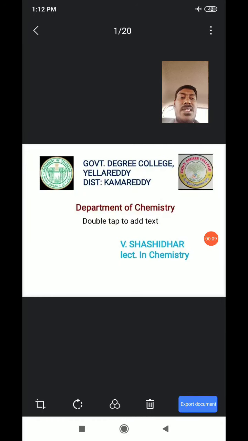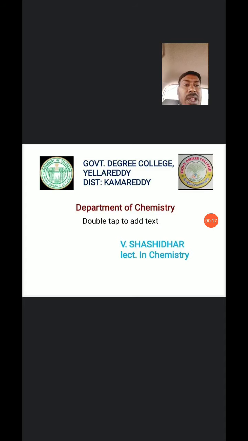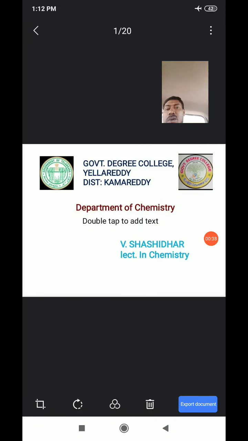In that part we discussed quantum yield or quantum efficiency, some photochemical reactions, and the mechanism for photochemical reactions: the initiation step, propagation step, and termination step, with examples of some photochemical reactions and their mechanisms, such as the reactions between H2 and Cl2 and between H2 and Br2.